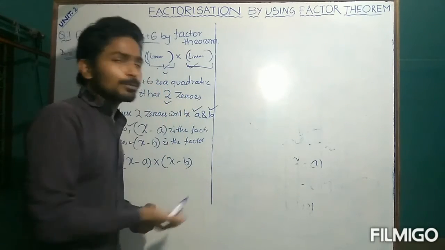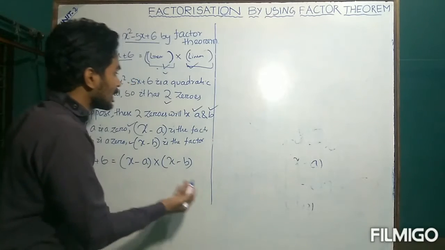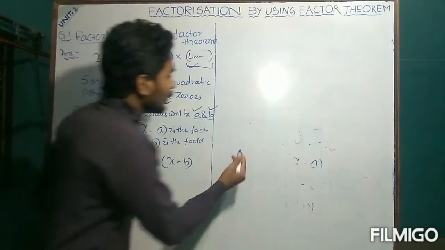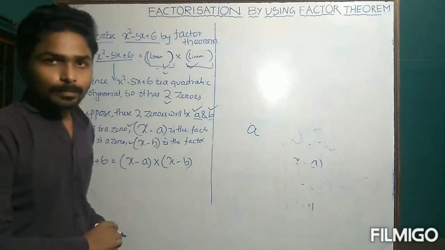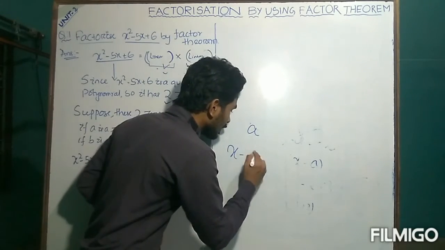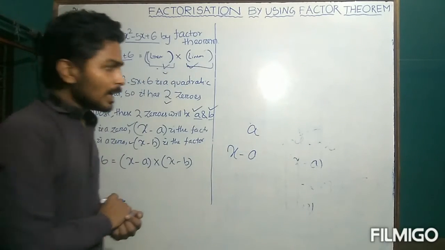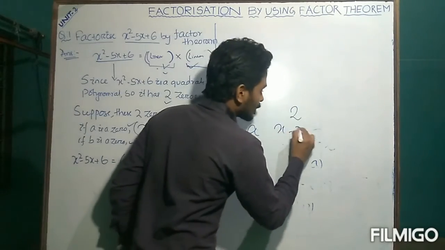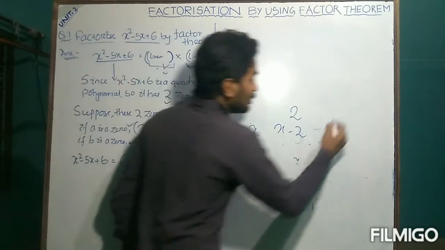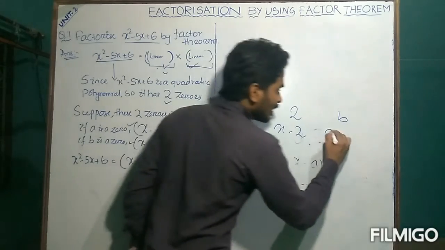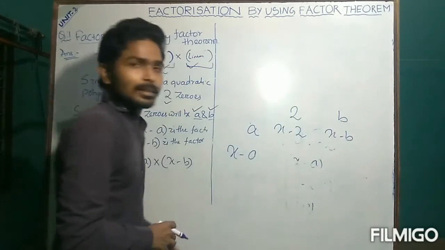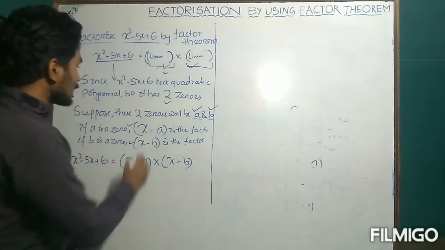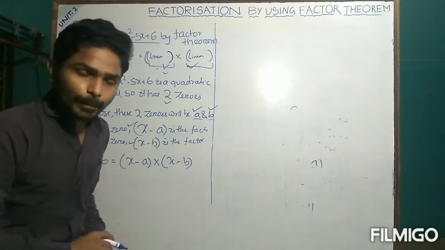Let us assume the two zeros are a and b. If a is the first zero, the factor is x minus a. If b is a zero, the factor is x minus b. In this way, we can get the two factors, x minus a and x minus b.